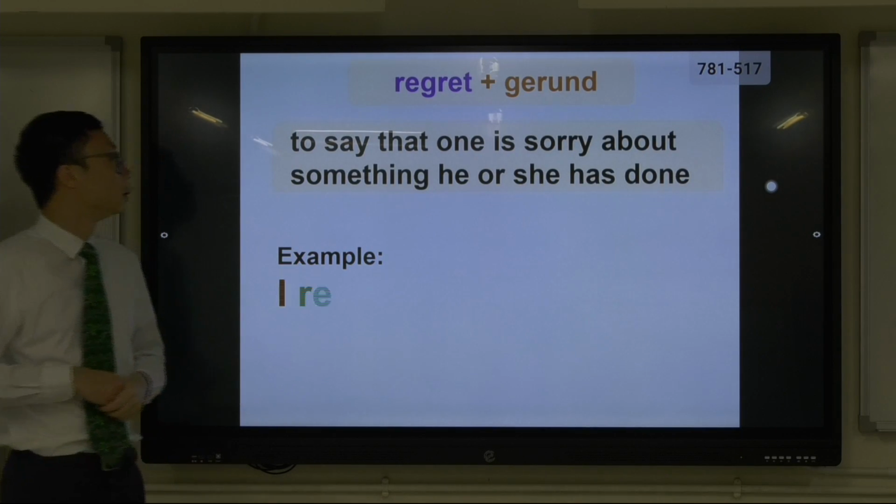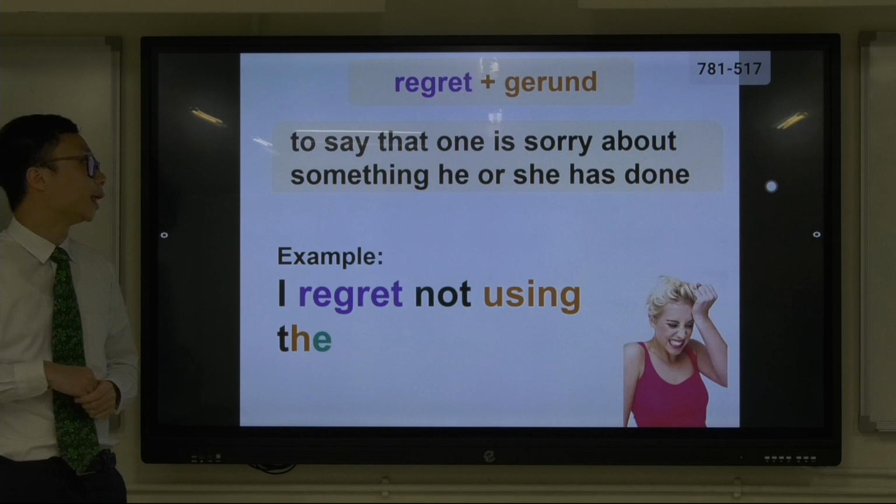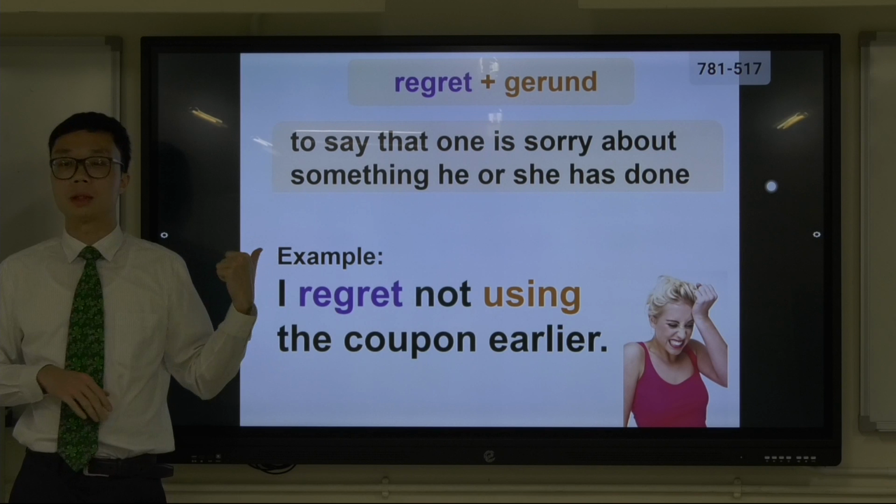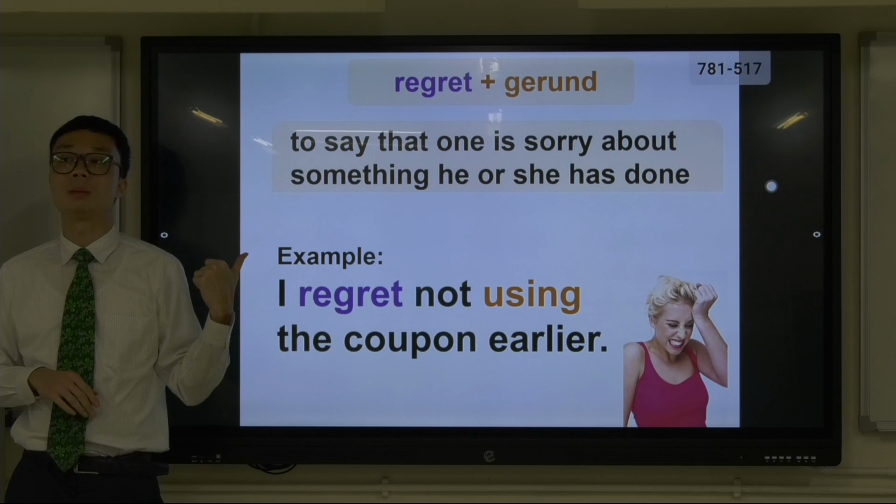So how about regret and then a gerund? That means to say that one is sorry about something he or she has done. This one: I regret not using the coupon earlier.